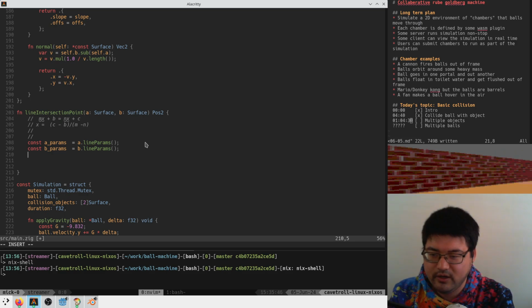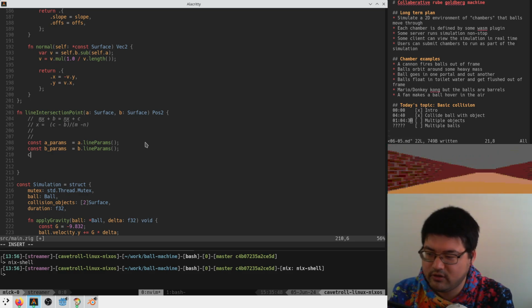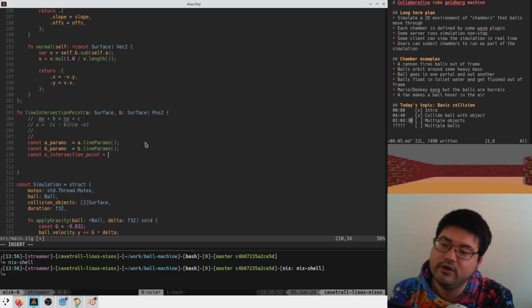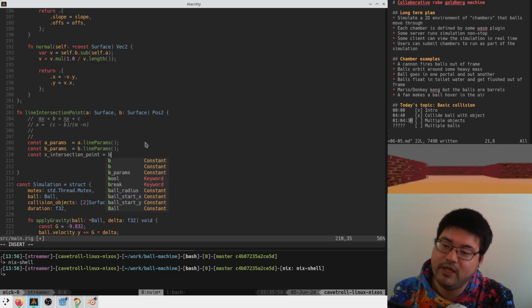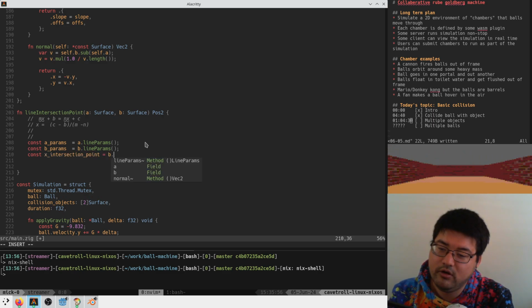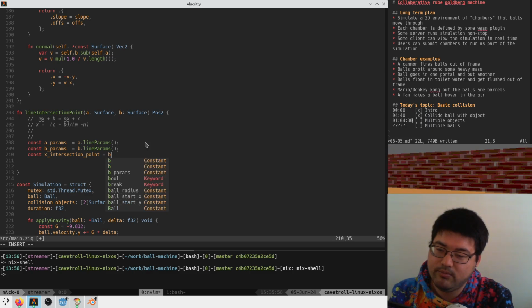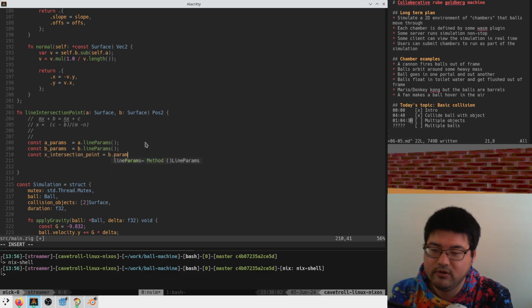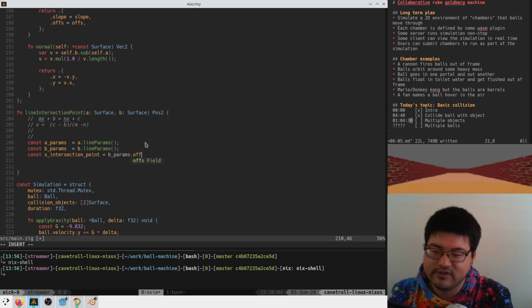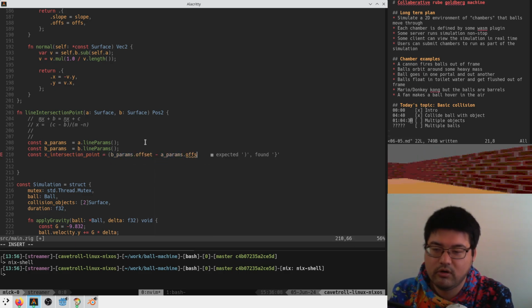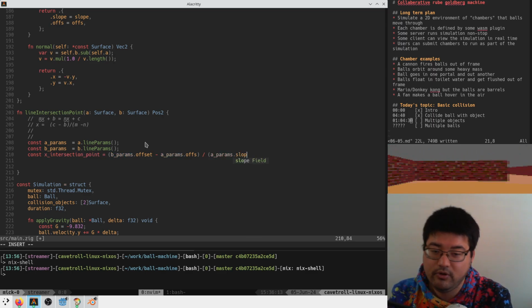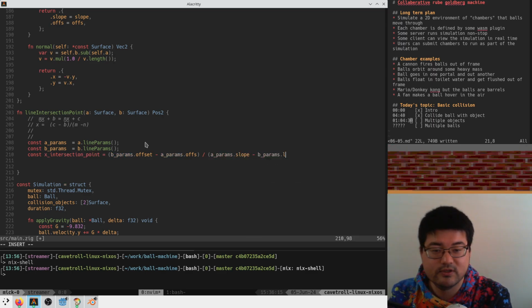Then we say const x intersection point is b params offset minus a params offset over a params slope minus b params slope.